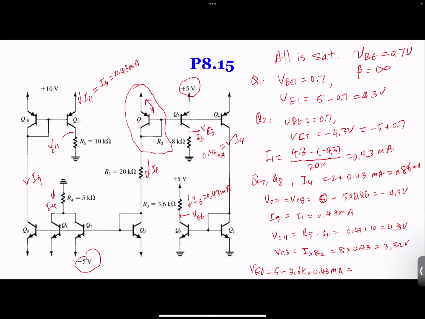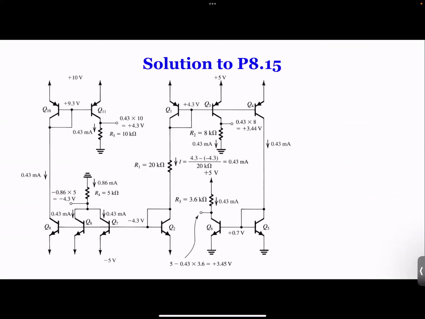So it's going to be 5 minus 0.43 times 3.6, which is 3.452 volts. So we got all the problems solved.